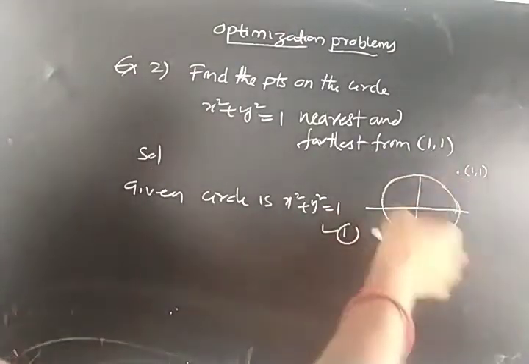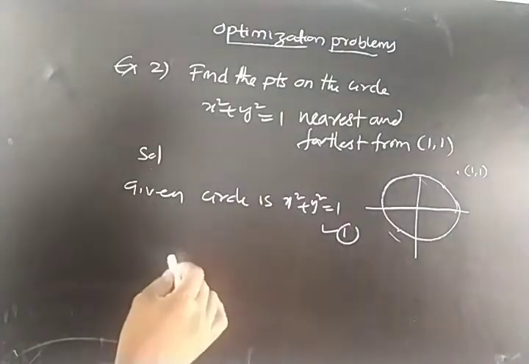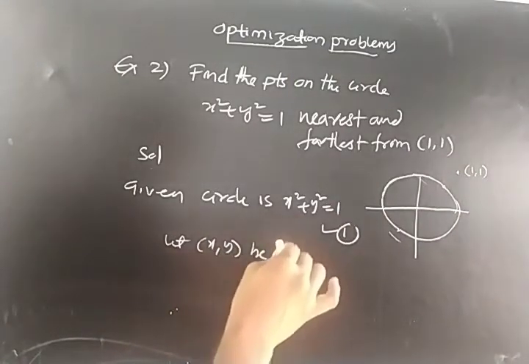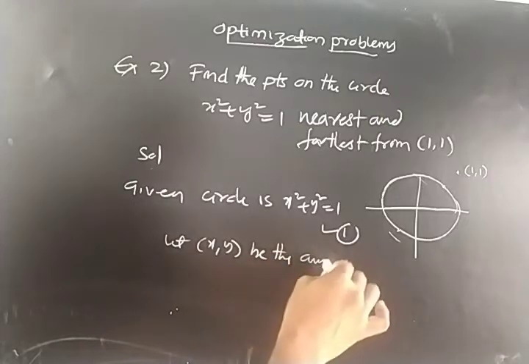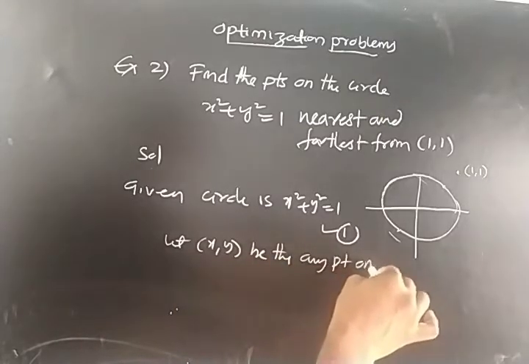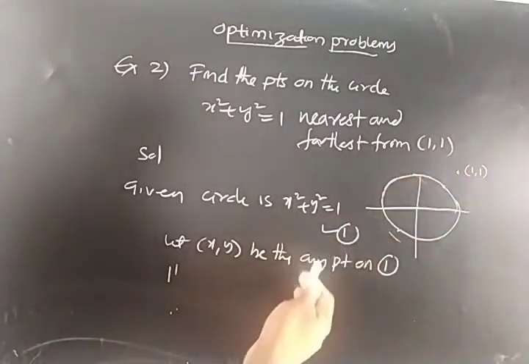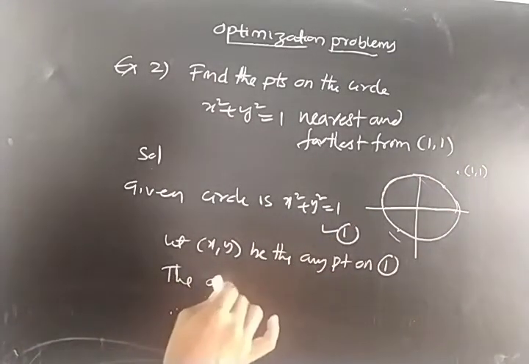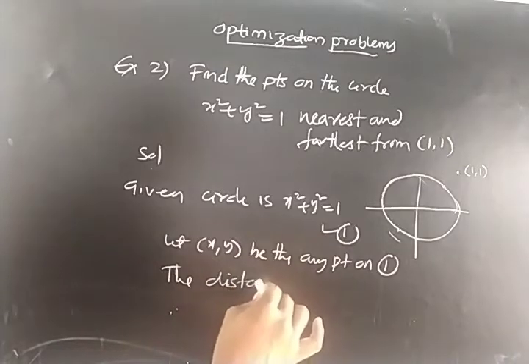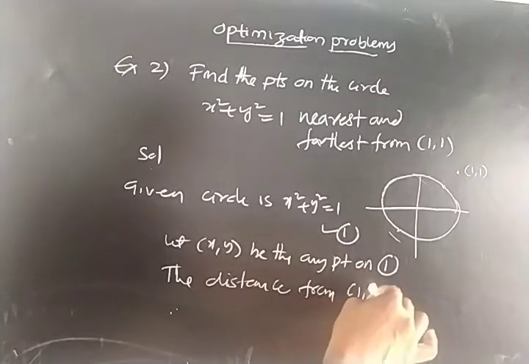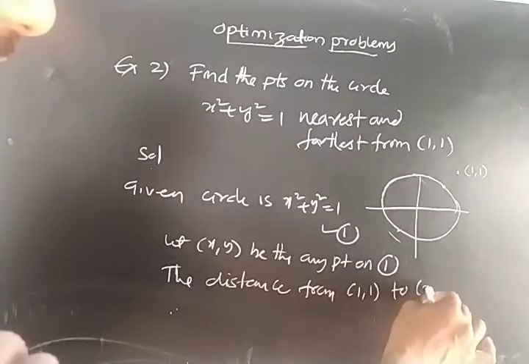I am taking any point on the circle, let x comma y be the point. The distance from that point to this point, the distance from 1, 1 to x, y.